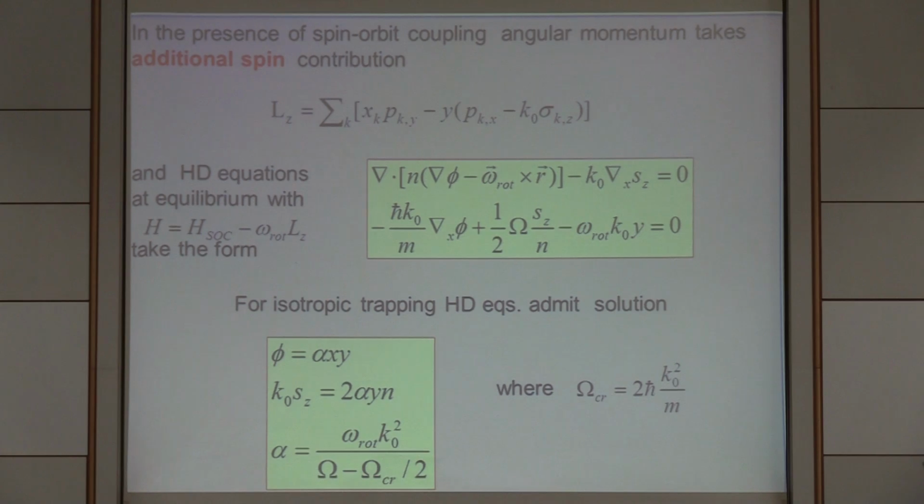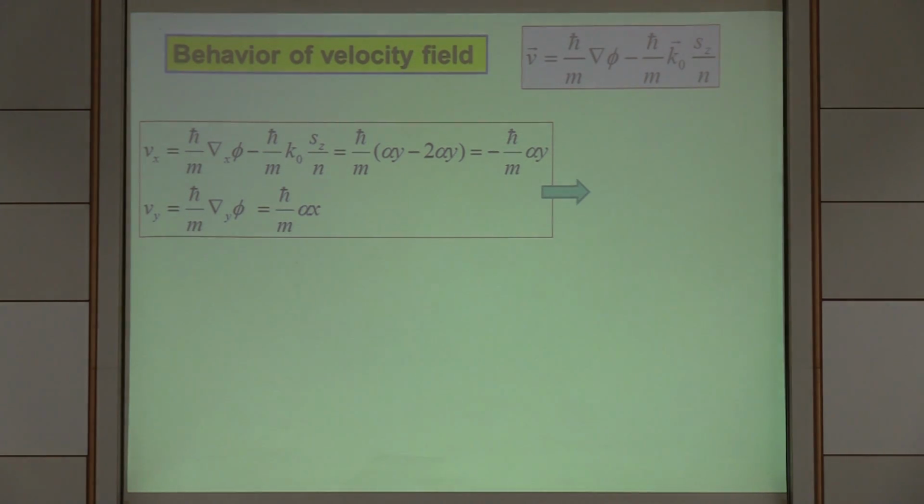And I would like to show the behavior of the velocity field which emerges from the solutions. As I said, the velocity field is given by the sum of these two terms. The velocity field along x is the sum of the irrotational contribution, the x of phi, minus the spin contribution.